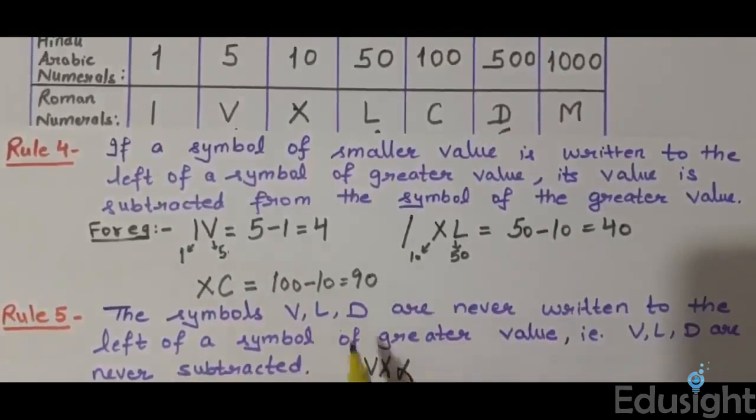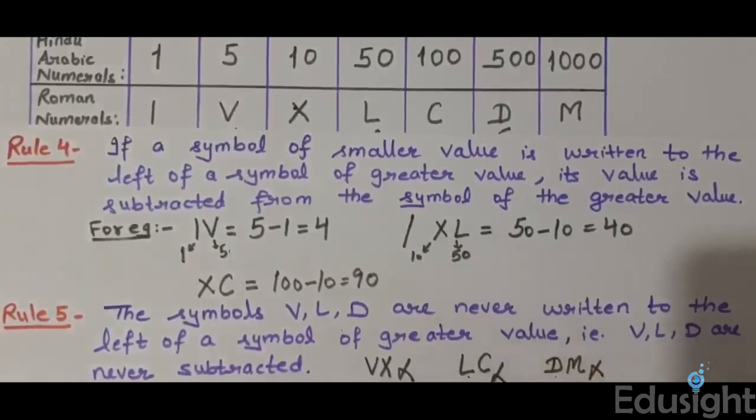Right? Similarly, L cannot be written on the left of a greater symbol like this. It is also wrong. C is greater than L, right? Similarly, D cannot be written on the left side of the greater symbol. It is also meaningless. It means V, L, D are never subtracted.